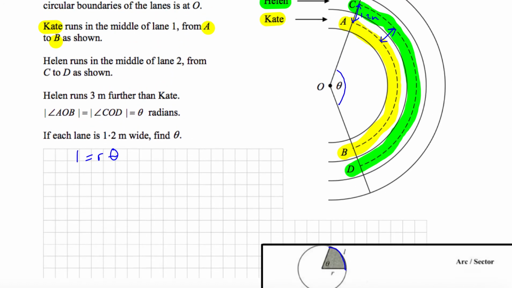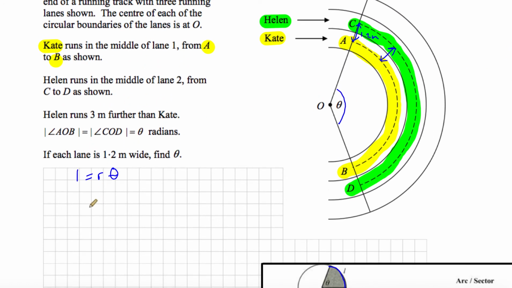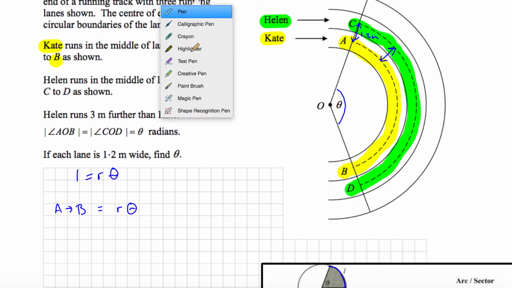Okay, so we can then say that the distance from A to B is equal to the radius, which we don't know, so we'll just leave that as R theta. So that's our distance for Kate.